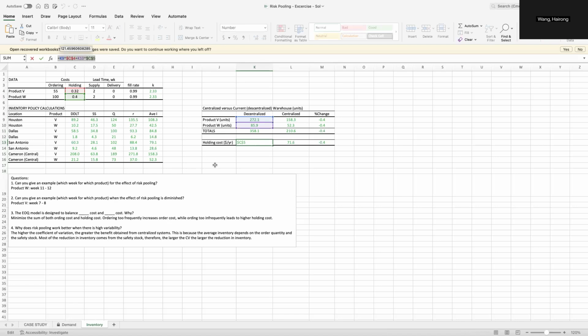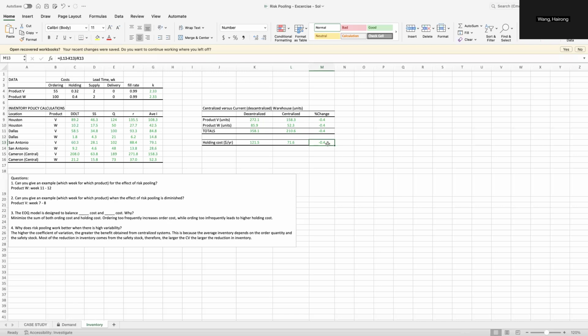So the formula that we should use to calculate the holding cost is here. All right, this is for the centralized. This is for the decentralized. And similarly for the centralized, we calculated in the same way, using the column L and the holding rate for the 2 products. And finally, we also want to compare how the holding cost changes.